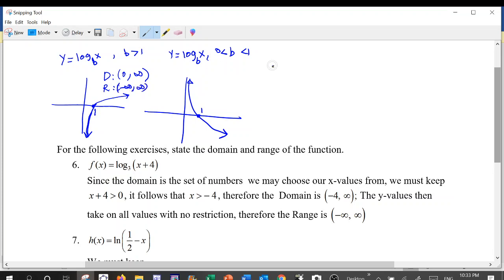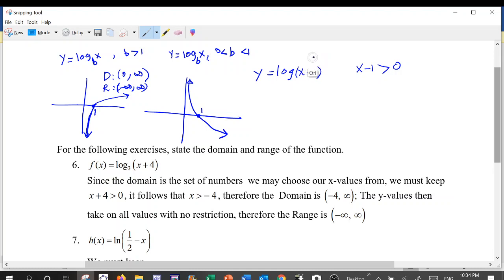Now, what if the argument is not x? Let's say we have log base 10, which we don't write, and let's say it's x minus 1, right? What's the domain of this function? Well, the domain of this function is whatever makes the argument greater than 0. Remember, the argument of a log cannot be negative and cannot be 0.